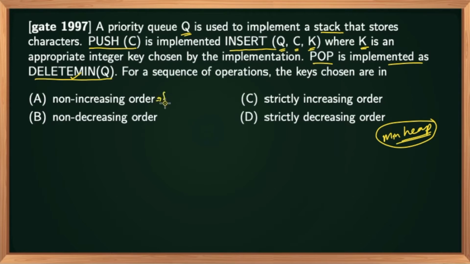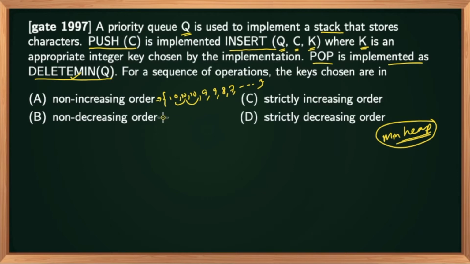So what's non-increasing order? Non-increasing order means it's not actually increasing, right? For example, if you have keys from 1 to 10, non-increasing order can be something like 10, 10, 10, 9, 9, 8, 7. These successive numbers are not increasing, so it can be equal.